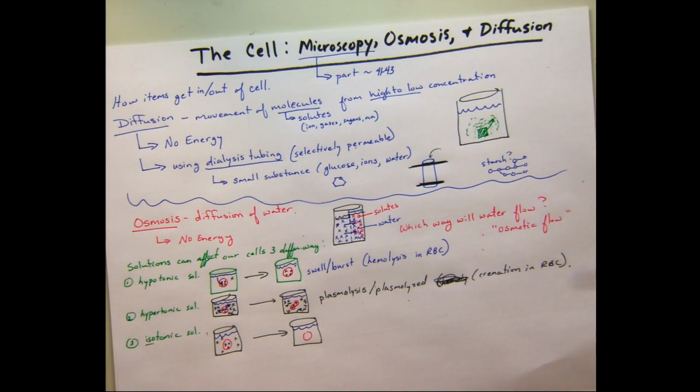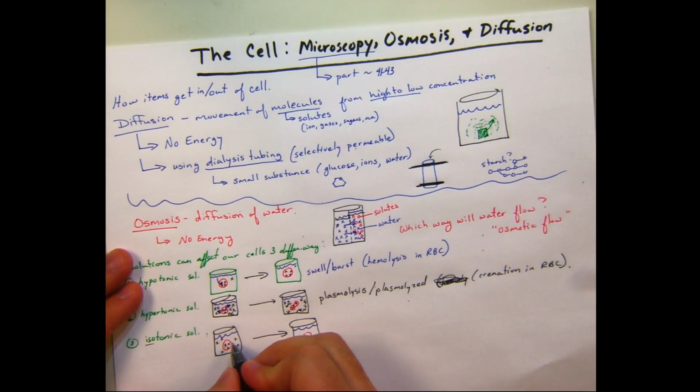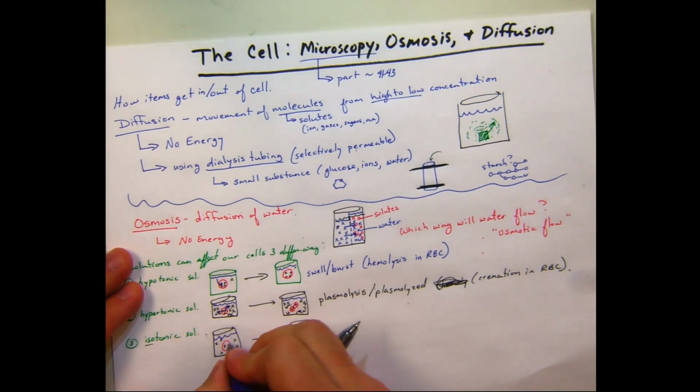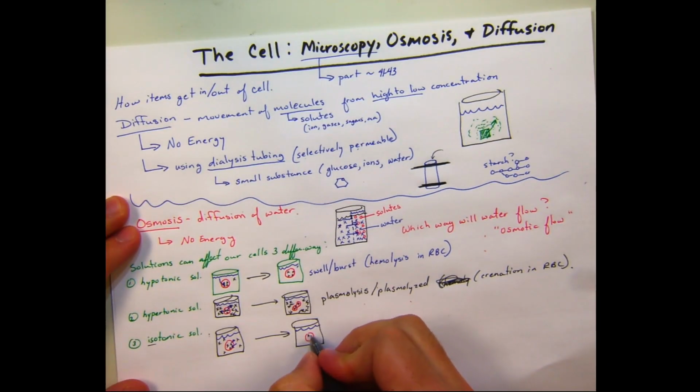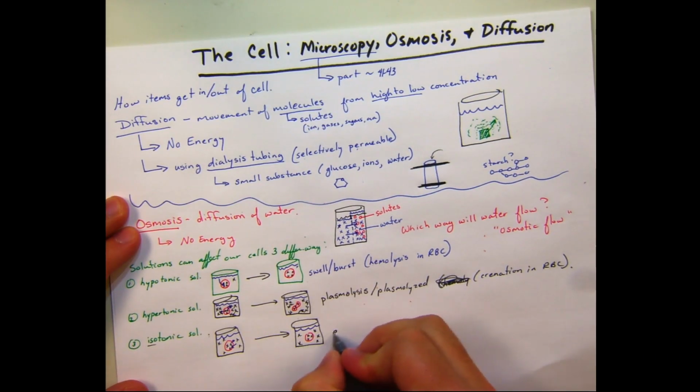All right, they're pretty equal. It's in equilibrium. Water can leave on its own, but it can also enter on its own because these cell membranes are usually permeable to water, if you haven't caught that yet. So what will happen? Nothing. It stays the same. It is in equilibrium.